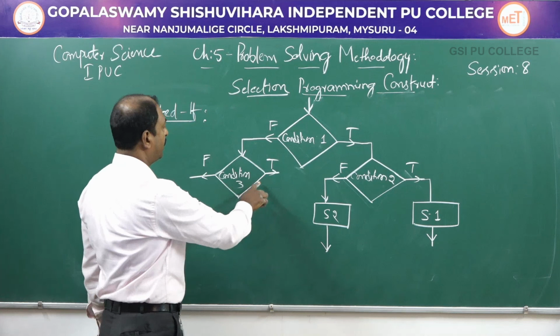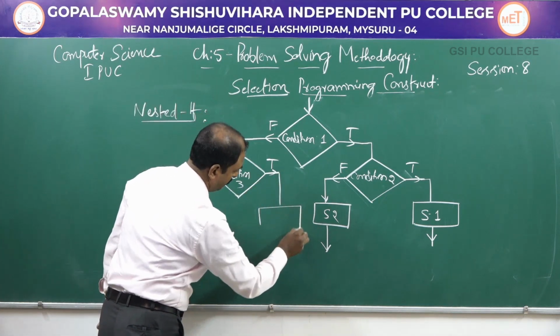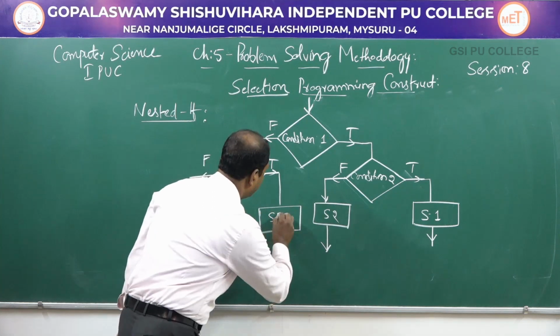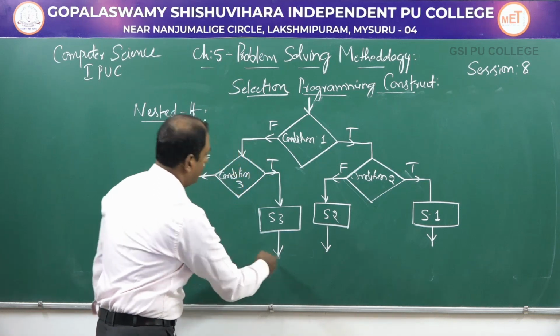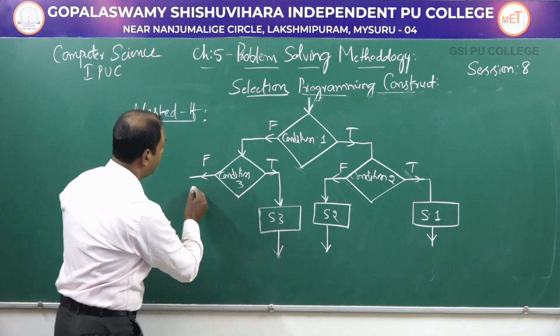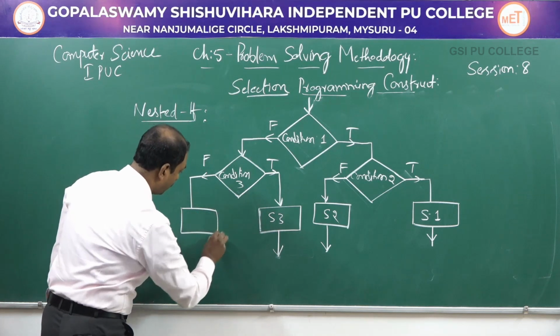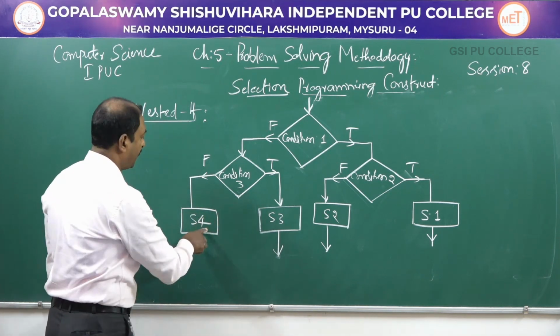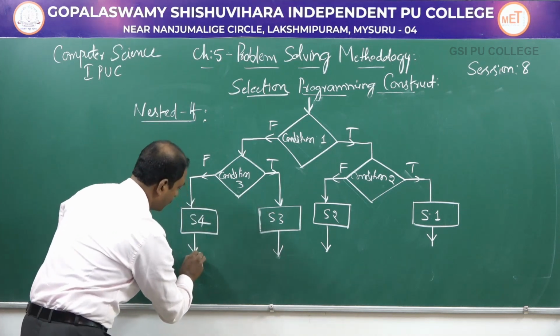If the test condition is true, it executes statement 3 and comes out of this. Similarly, if test condition 3 fails, it executes statement 4 and comes out of this.